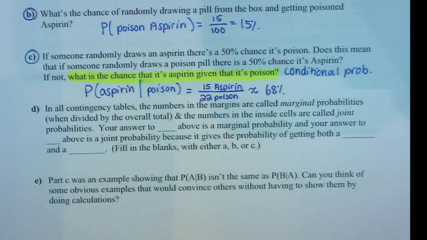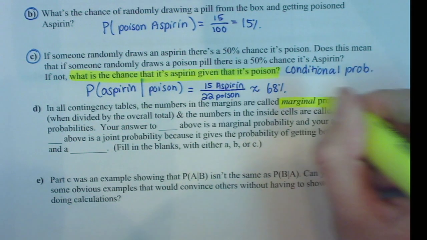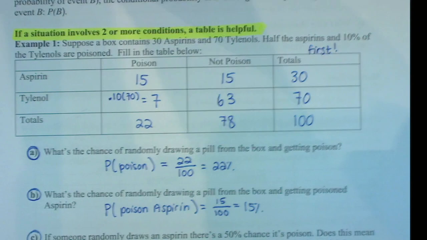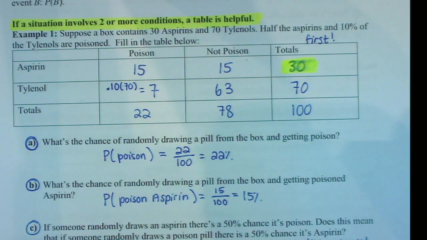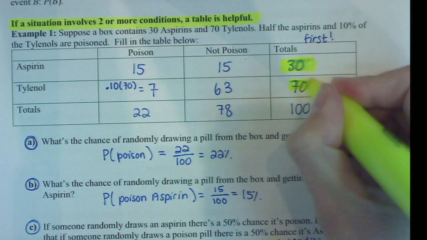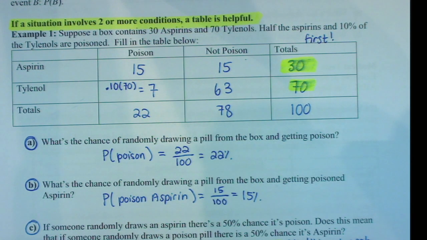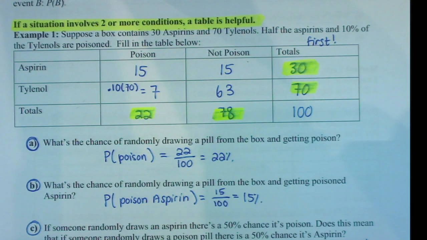Part D says, in all contingency tables, the numbers in the margins are called marginal probabilities. So the marginal probabilities are numbers like, there are 30 aspirin. Kind of messed it up. But 30 aspirin, 70 Tylenol, 22 poison, 78 not poison.